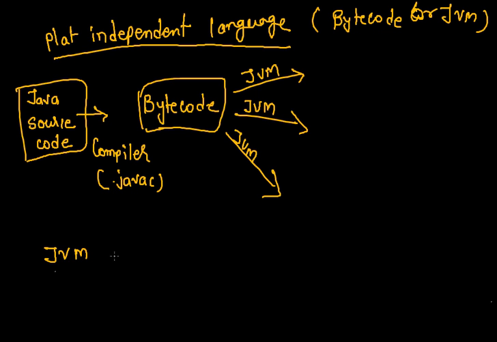JVM stands for Java Virtual Machine. So if any machine has a JVM, then using the JVM you can convert this bytecode, which is platform independent, into machine code.